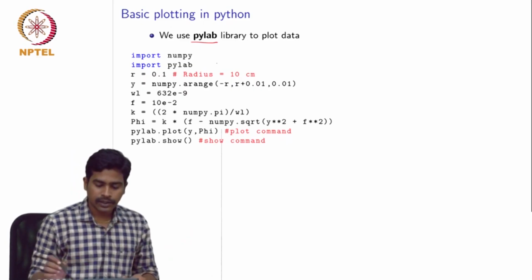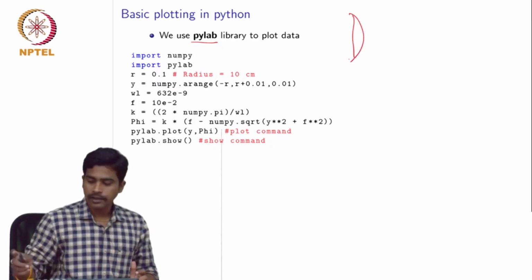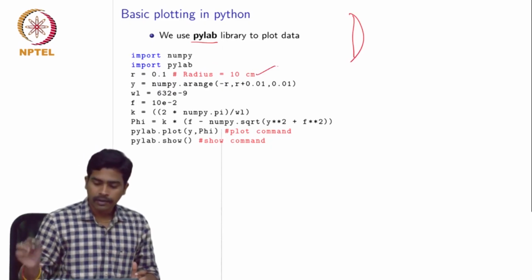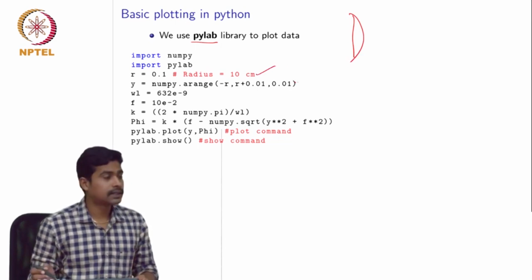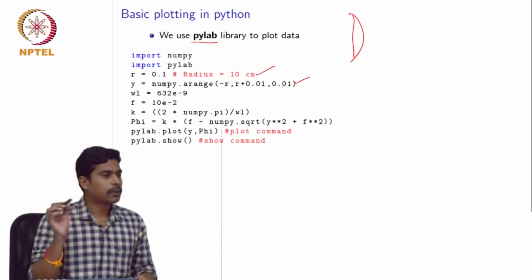So in this example, what I'm going to plot is the phase function of a lens that we have seen before. The radius of the lens is 10 centimeters, and this 10 centimeter radius I am sampling at the interval of 0.01.